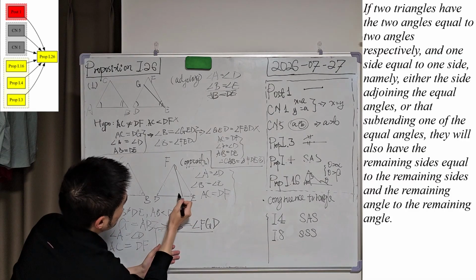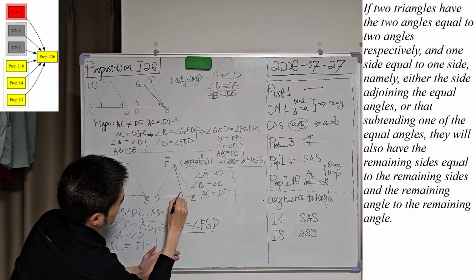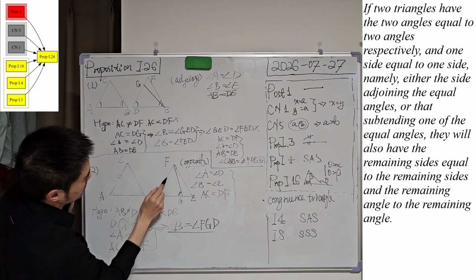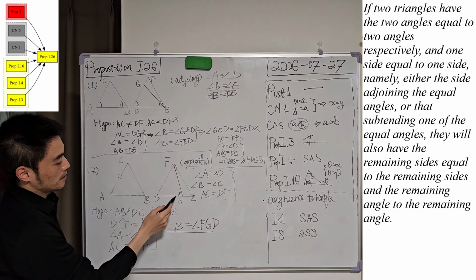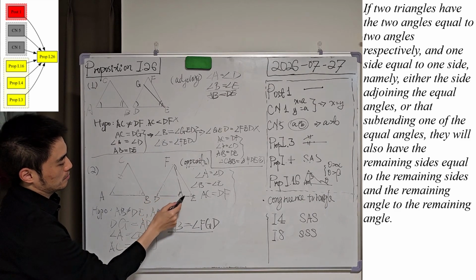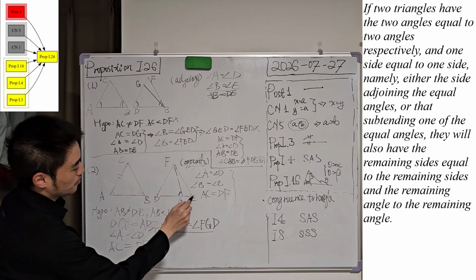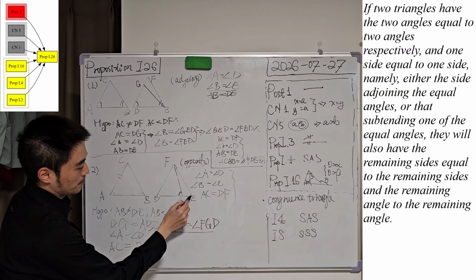Please pay attention to this triangle FGE. Angle FGD is an exterior angle of this triangle, and angle E is an opposite interior angle.